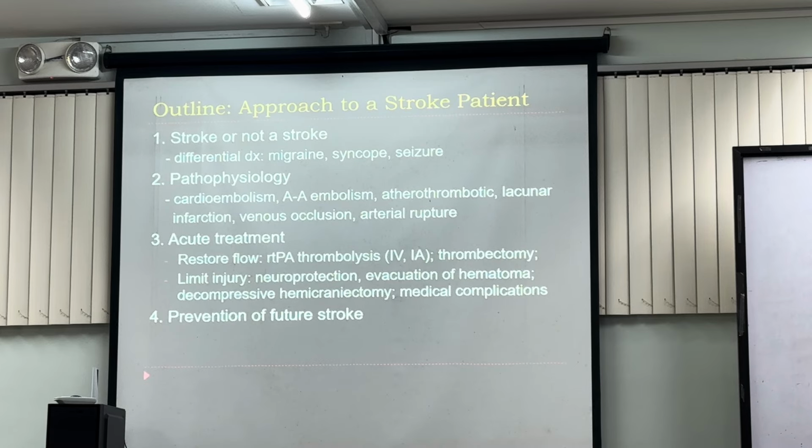Whether it's embolic, artery to artery embolism, or heart to the artery embolism, whether it's atherothrombotic stroke, lacunar, or a venous occlusion, or a rupture causing a hemorrhage. Then we will be able to know how to treat. The management of stroke depends on the type of stroke, whether it's a hemorrhagic stroke or an ischemic stroke.